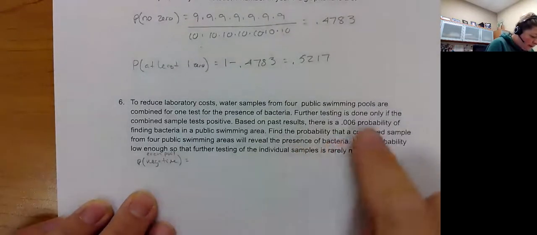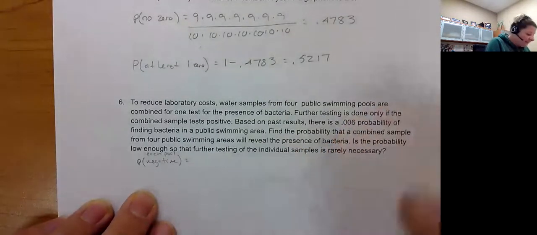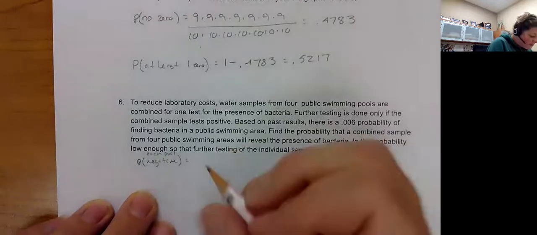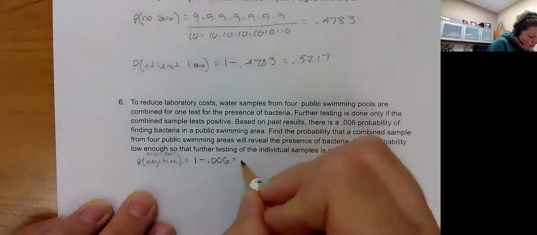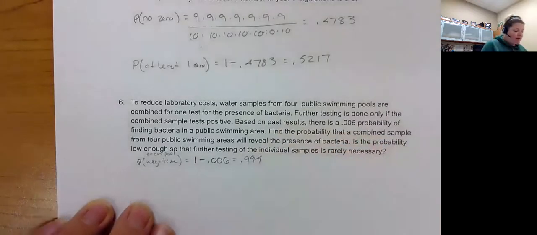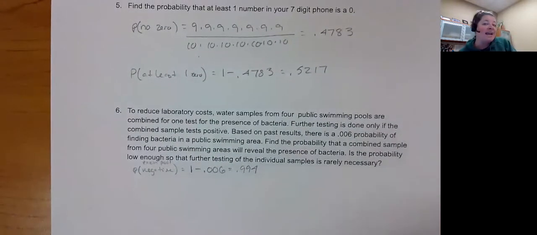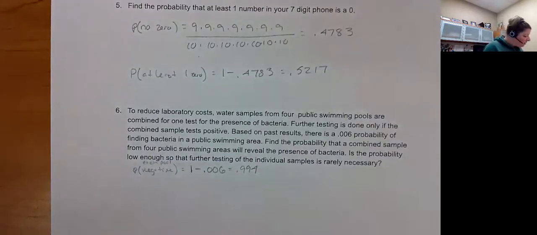Because the probability for one pool testing positive is this. So the probability of it being negative is 1 minus 0.006. That's going to give me 0.994. So the probability of being negative is 0.994.